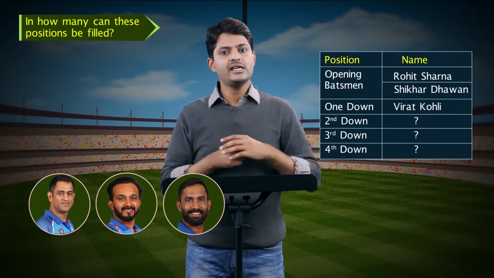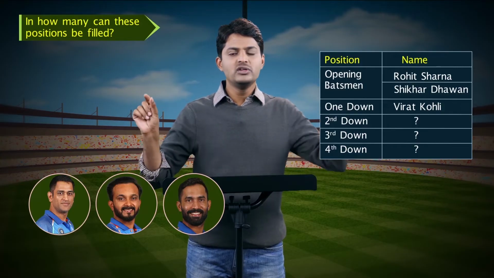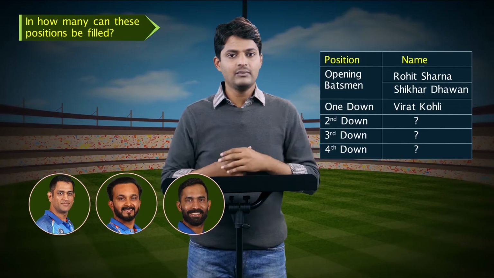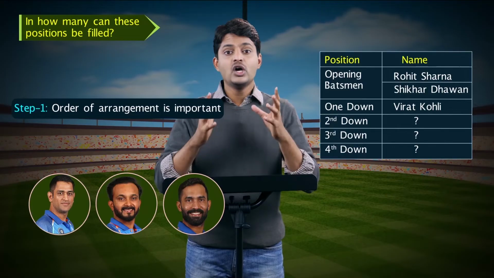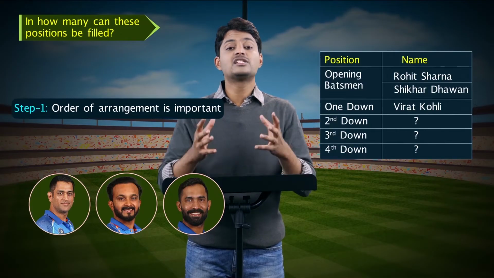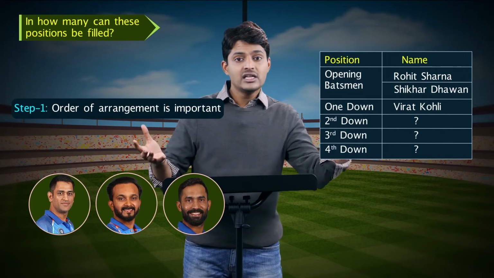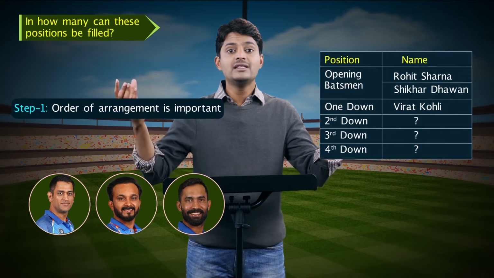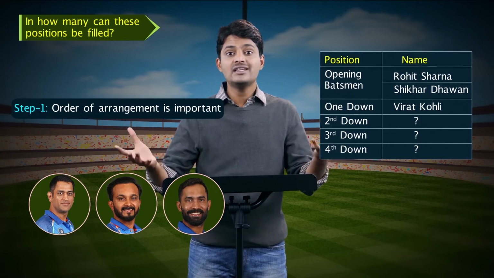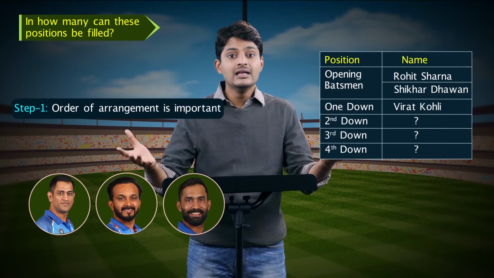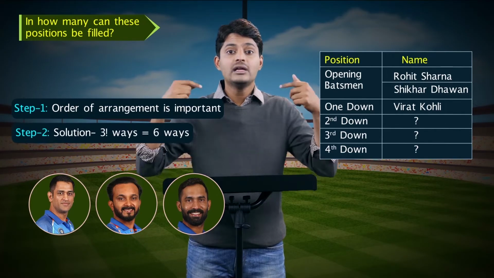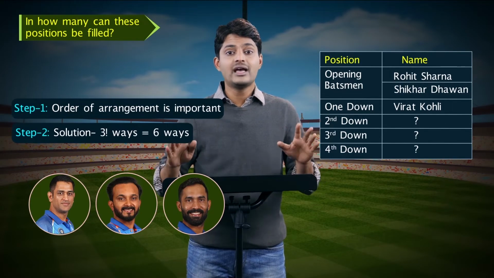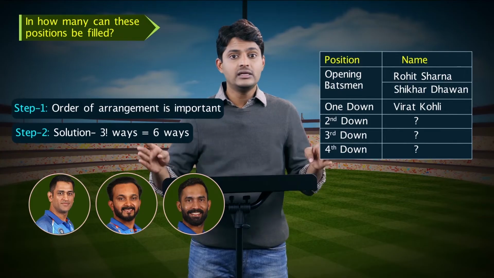You also realize the order in which you put these people is extremely critical. So wherever you sense the order of arrangement is extremely important, and these 3 positions have to be filled by these 3 people, the number of ways in which I can do it is 3 factorial, or in other words we also call it 3P3.